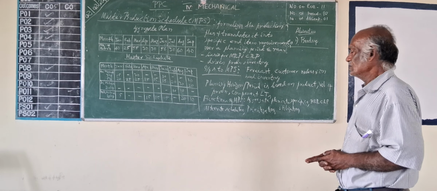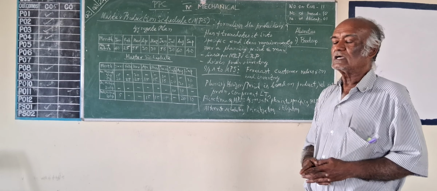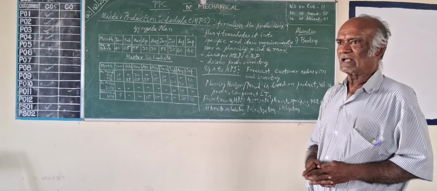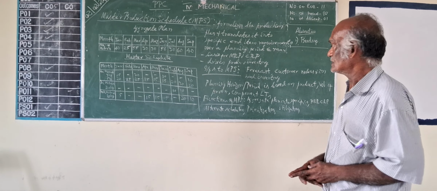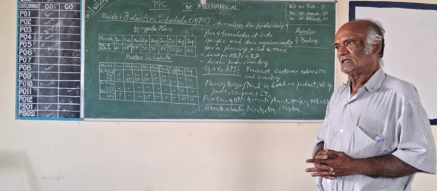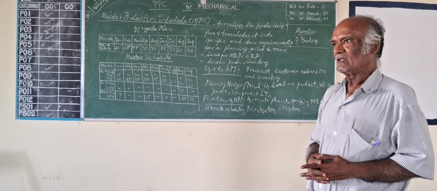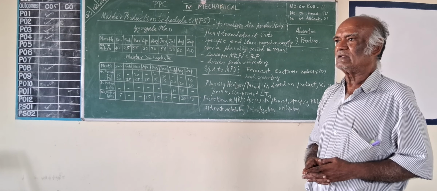Then inputs to the master production schedule. It is not what I feel or think, as that would be sentiment. Second, what you have to do is a scientific forecast. What is a scientific forecast? Based on past history, based on market events, and based on demand events. What are the demand events?